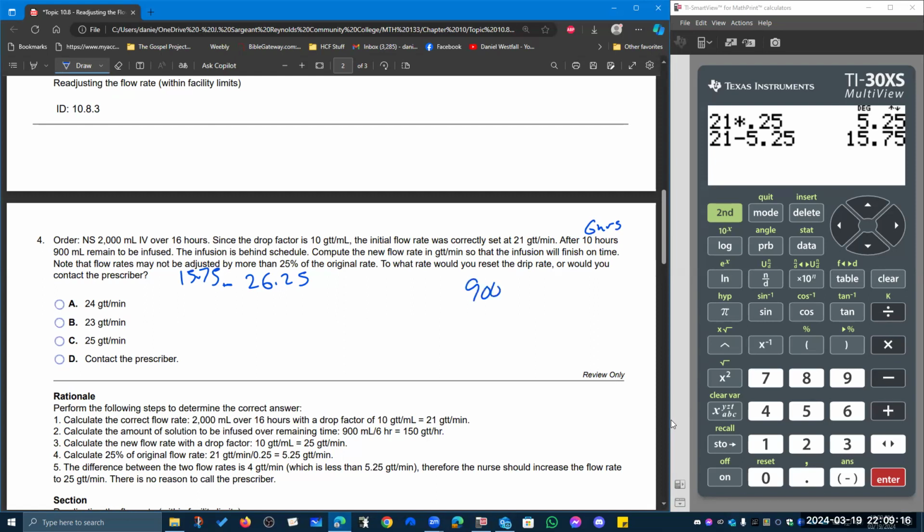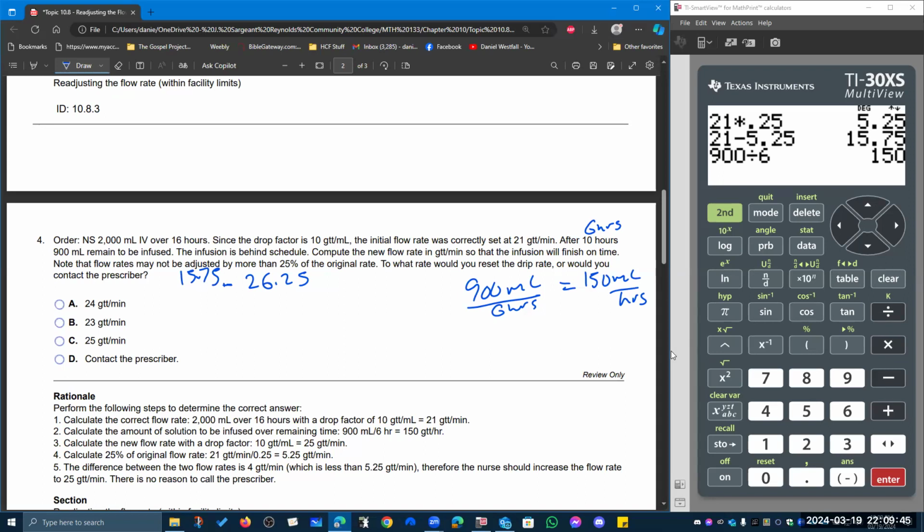So 900 milliliters divided by 6 hours is 150 milliliters per hour. And we have a drop factor of 10 drops per milliliter.